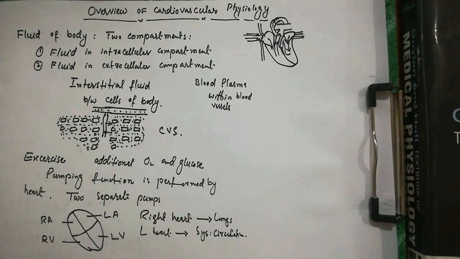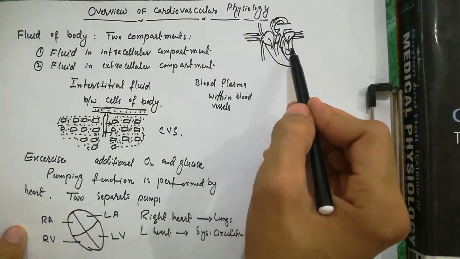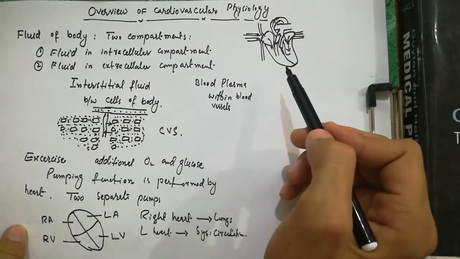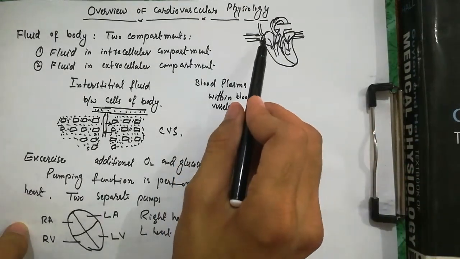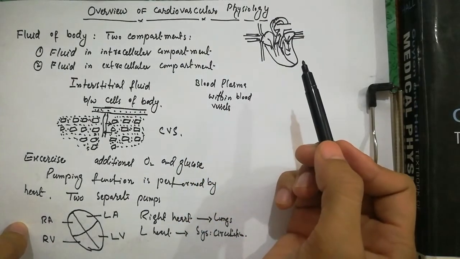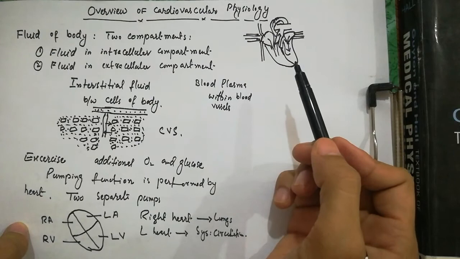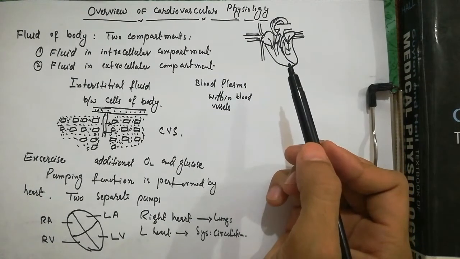Each heart, right heart and left heart, consists of two chambers, atrium and ventricle, and these chambers are pulsatile, meaning they contract and relax in an alternate fashion.